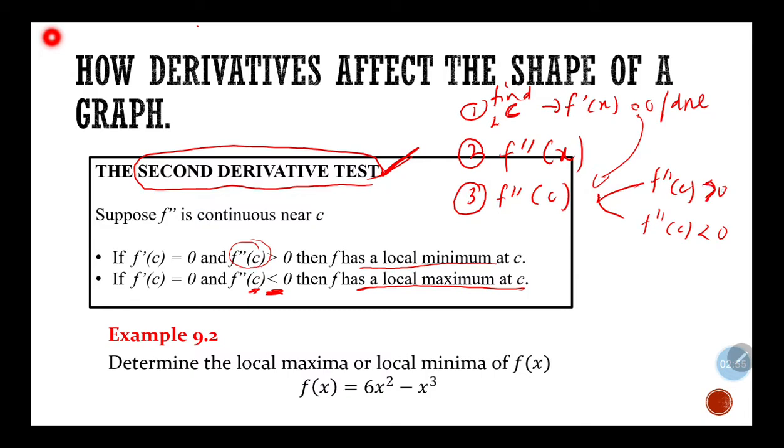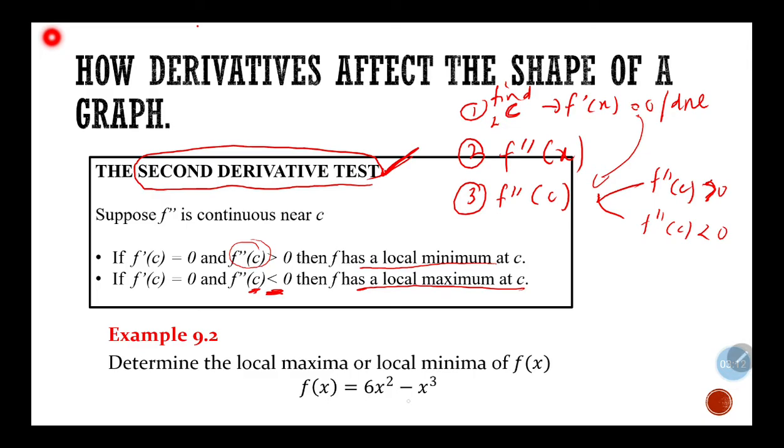If it is more than 0, we have a local minimum at x equals c, and if we get less than 0, we have a local maximum at x equals c.